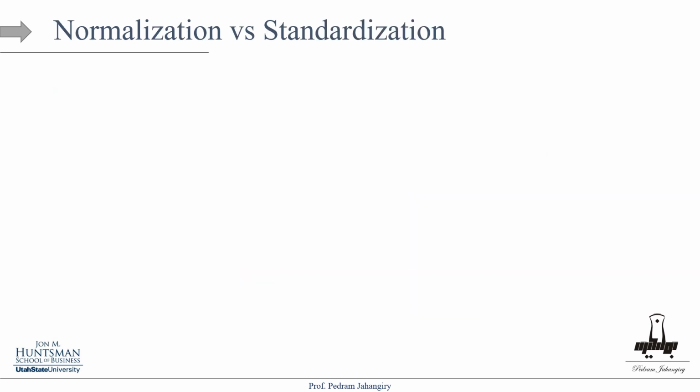All right, now let's talk about normalization versus standardization. Well, the choice of using normalization or standardization will depend totally on your problem and the machine learning algorithm that you're using. However, there are some rules of thumb that we can use to figure out whether you would be better off using standardization or normalization.